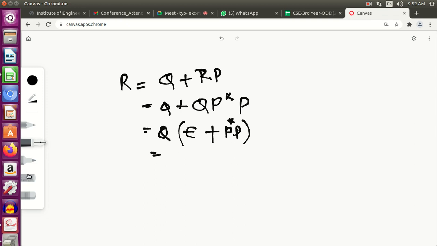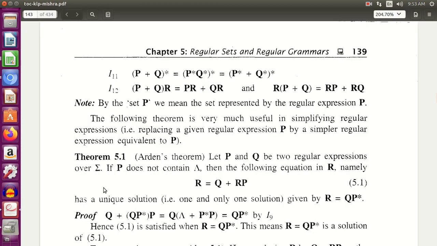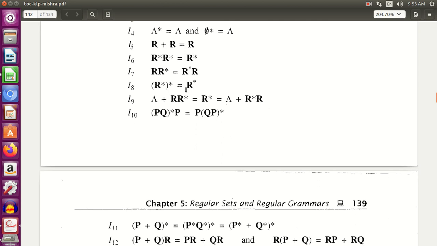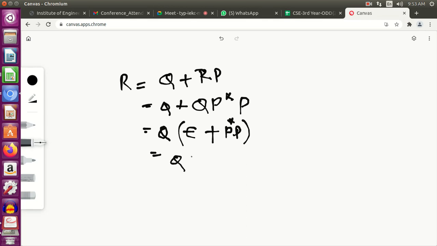We had just seen the identity: epsilon plus P star P is equal to P star. So I'll just put Q P star over here, and what I get is the value of R is QP star. That is the assumption with which we had started. So this proves that R is equal to QP star is one of the solutions.